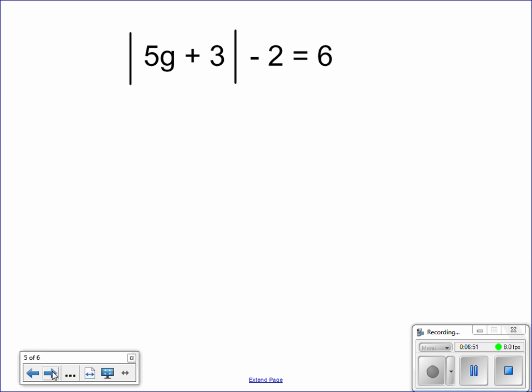One more example. If you try to work this one on your own, you might get a stumbling block because we don't have it just equal negative 6, although you could. Before you make it equal negative 6, it might be helpful to add your 2.